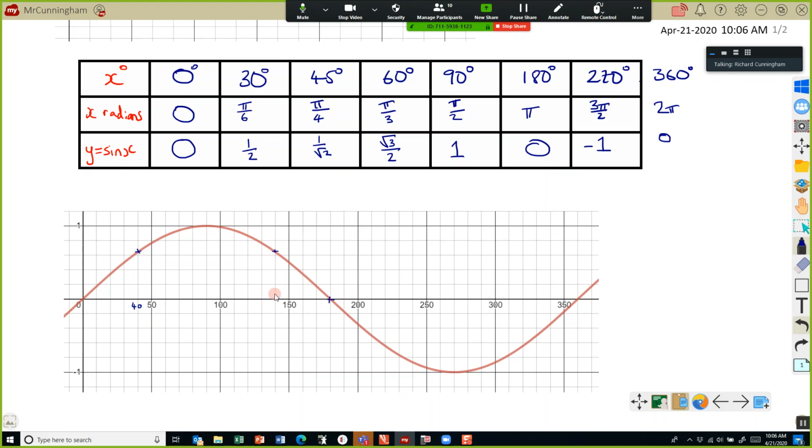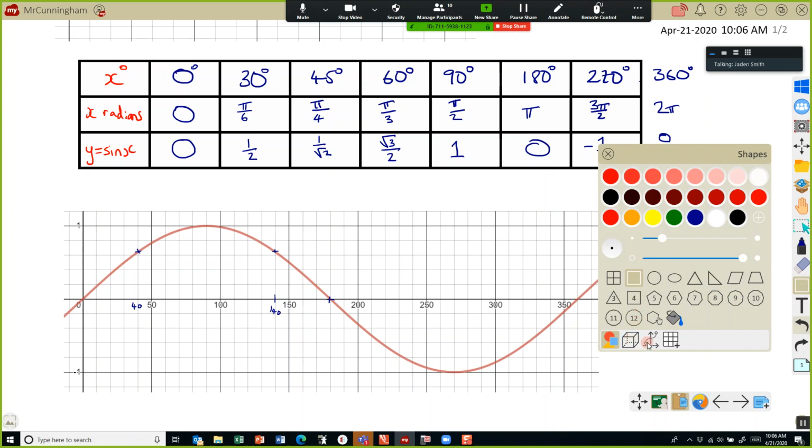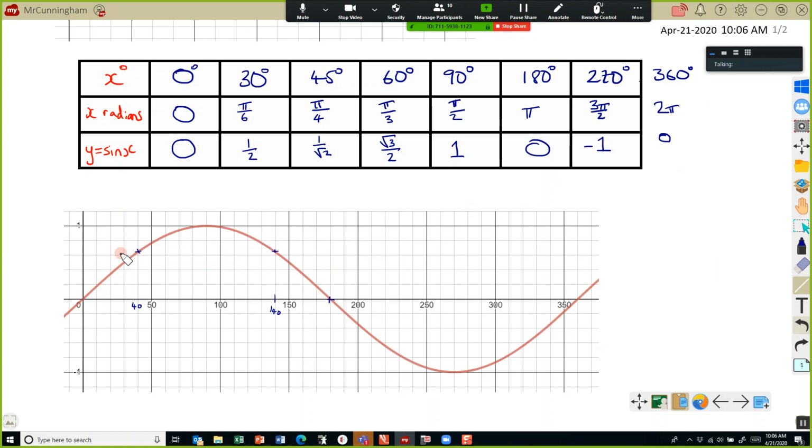What can you tell me about those two values? Yeah, they're going to give me the same value out, yeah. If I look at it, these two values are going to give me exactly the same value out.